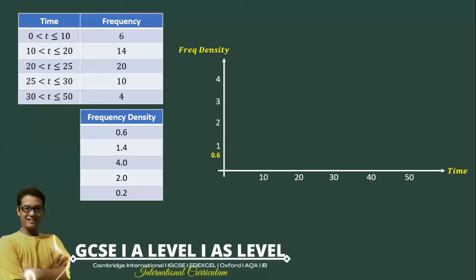This is the bar. That's right. Next, for the second row, the frequency density is 1.4 and the class width is 10.